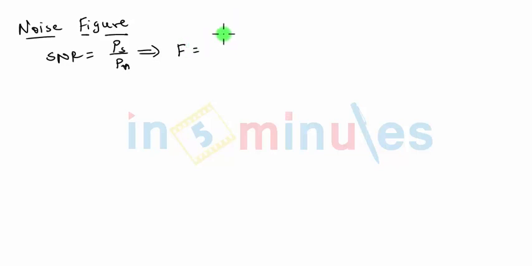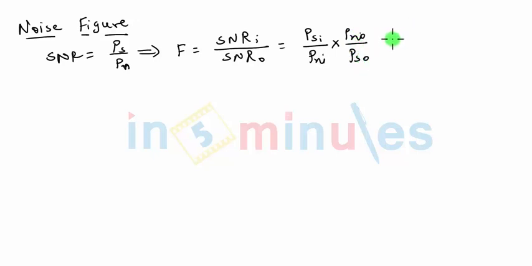F was nothing but signal to noise ratio on input side divided by signal to noise ratio on output side, which later on turns out to be PSI upon PNI into PNO upon PSO, and this value is always greater than 1 practically.